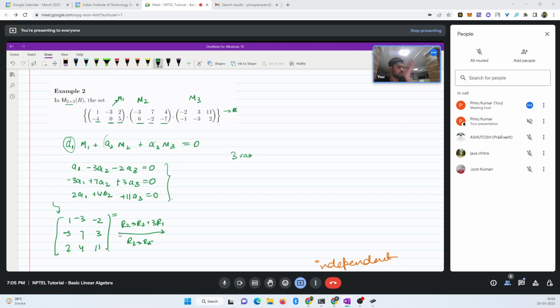It is possible that you get A1, A2 and A3 that satisfy the first 3 entries, but we also want to check whether the same A1, A2 and A3 satisfy the rest of them also or not. That's why I'm solving this equation rather than looking at just the determinant.